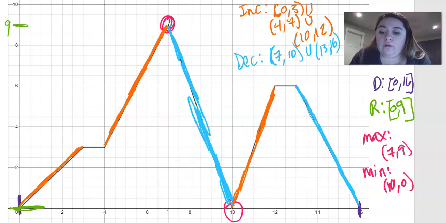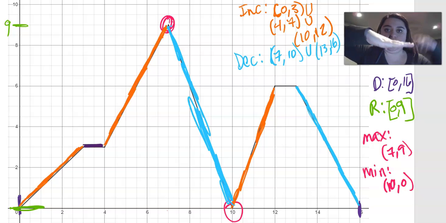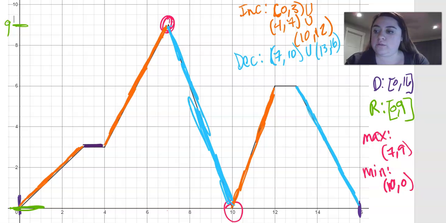One other type of interval, really fast. Last but not least, we have our constant intervals. These are the intervals where nothing's really happening. So from 3 to 4, nothing is happening. There is no change up, no change down. It's just neutral. It's like this nice straight plane line. So we call those constant intervals.